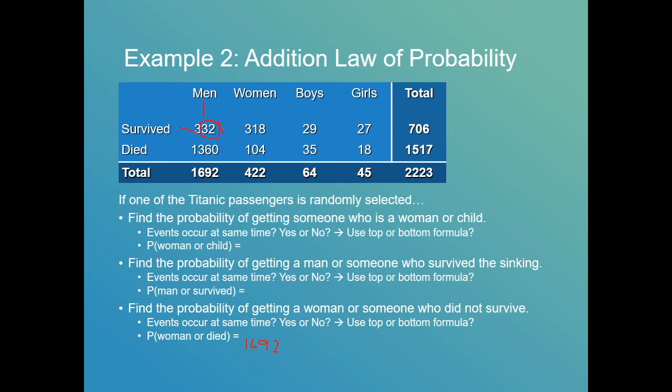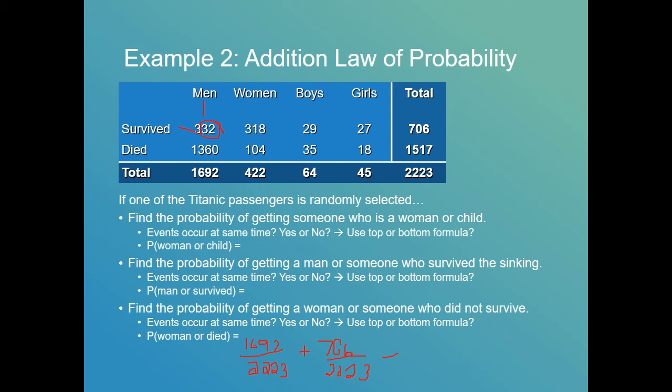1692 divided by the total sample, 2223, plus the total number survived, so 706 divided by 2223, and I know this is really sloppy, I'm sorry everyone.